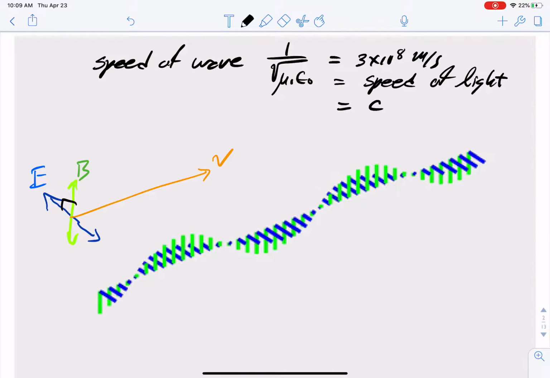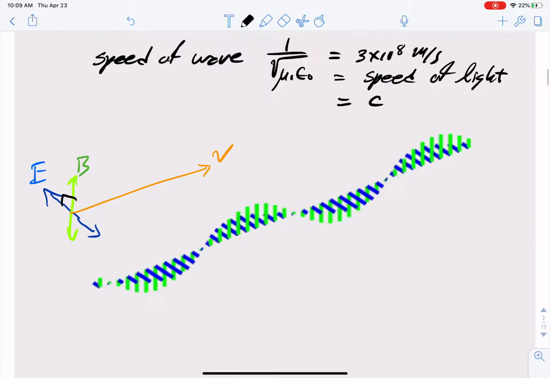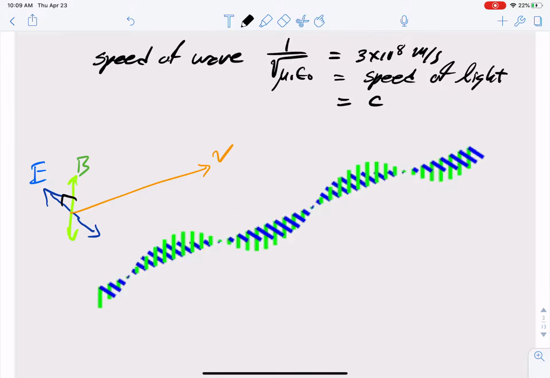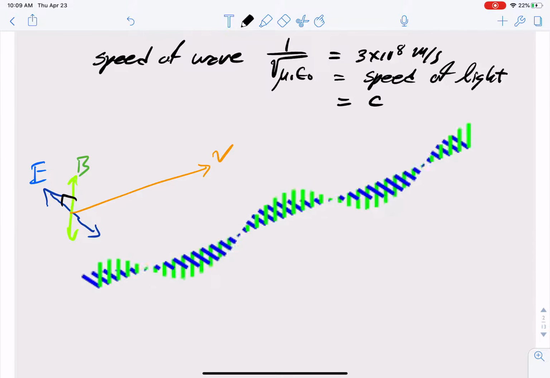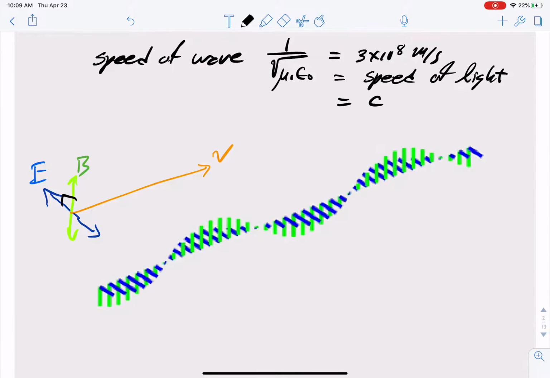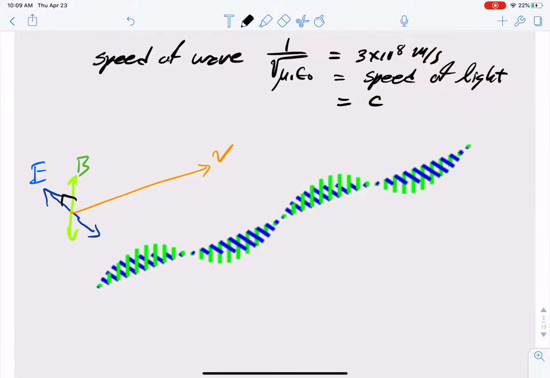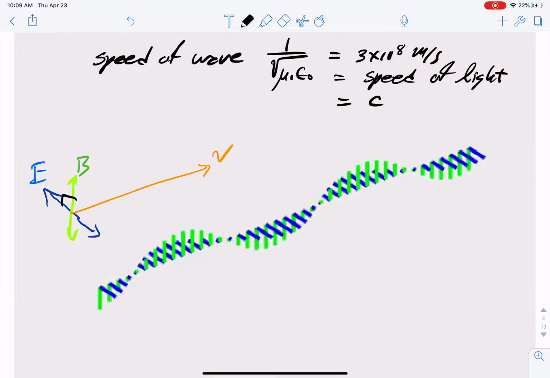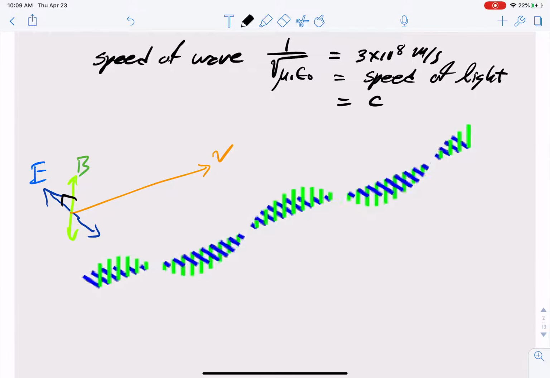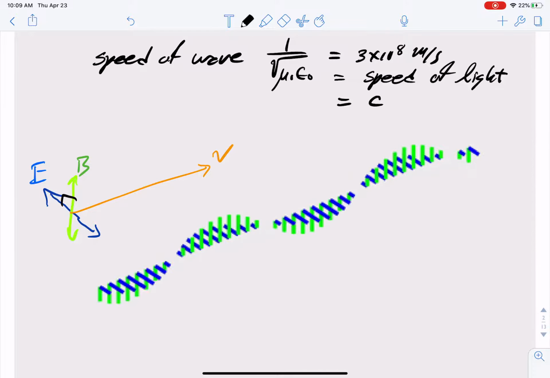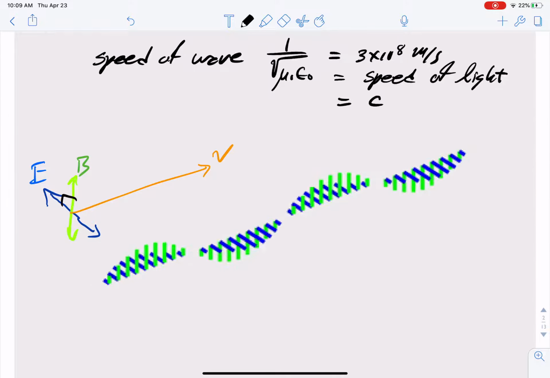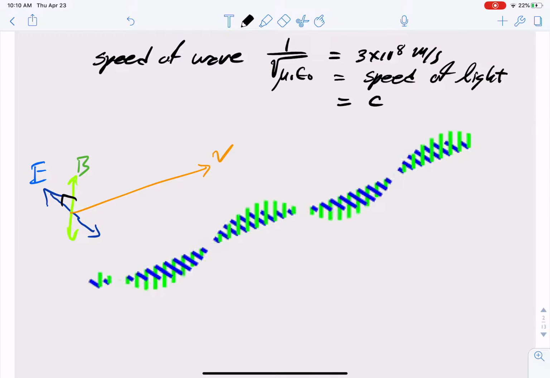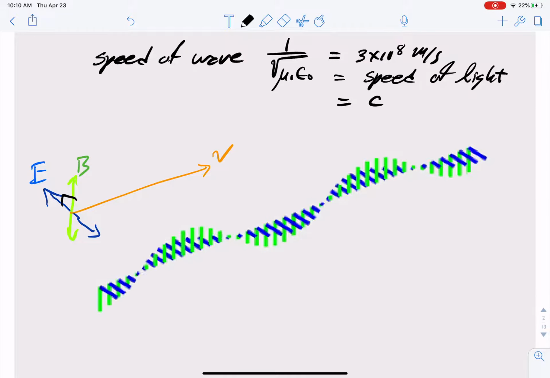Now, when this was first discovered, it was what led to the understanding that light was actually an electromagnetic wave. Up until that point, electric and magnetic fields were understood, light was understood, but it wasn't understood that the two were really the same phenomena.